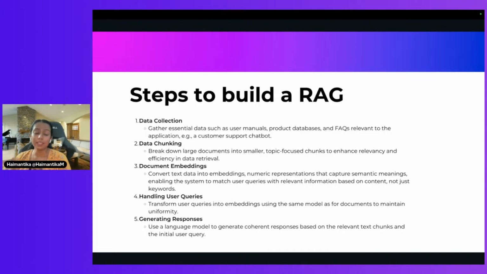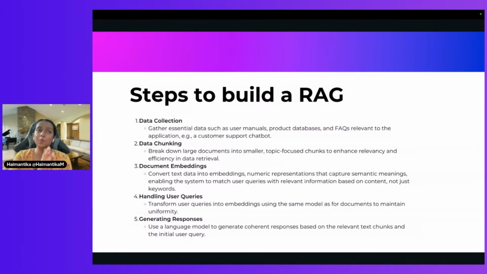Now, the next step is how to build a RAG. The first step in most AI or even ML algorithms is to collect data. So, gathering essential data. I'll be giving the example of a chatbot again and again, because that's the best use case I could think of, and especially from a beginner perspective it's the easiest one to understand.